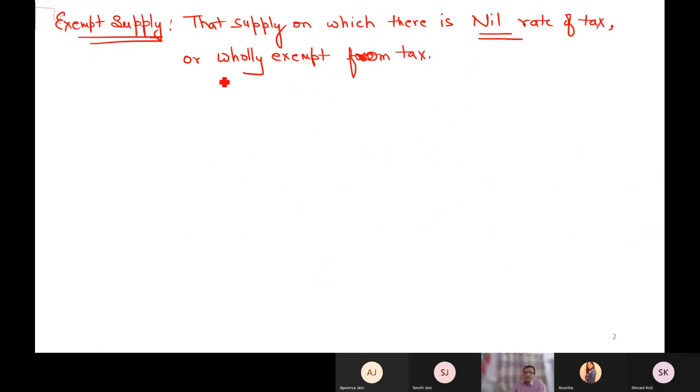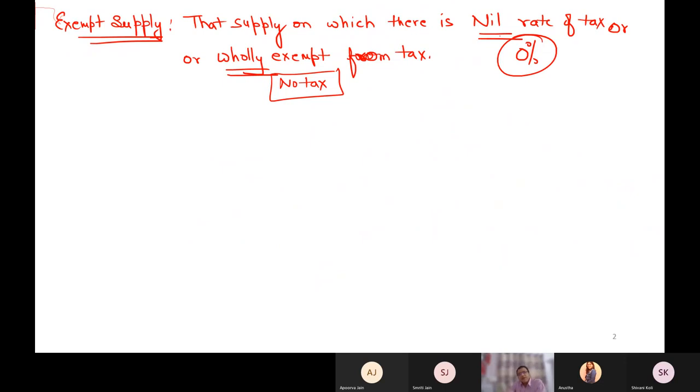Now both the things are different. Nil means there is a tax, but tax rate is 0%. But there is a tax. Wholly exempt from tax means there is no tax at all. So I will not say that 0%. It is tax free. Just like under income tax act, there are so many incomes which are tax free, which are written in section 10 of the income tax act.